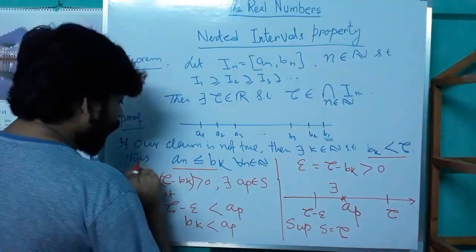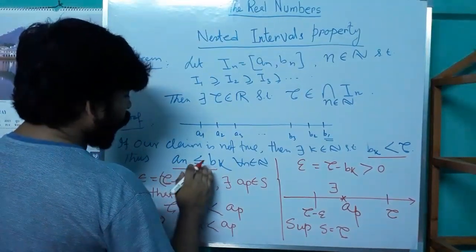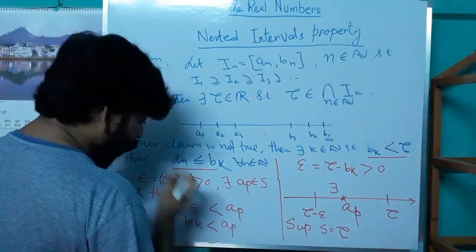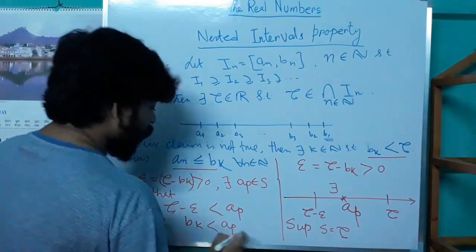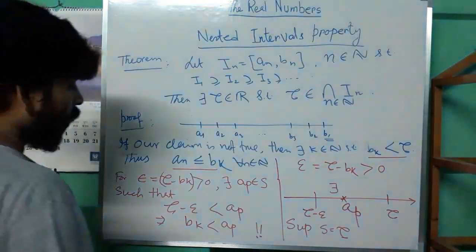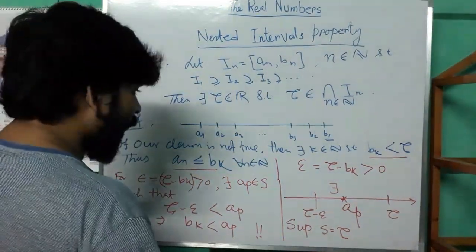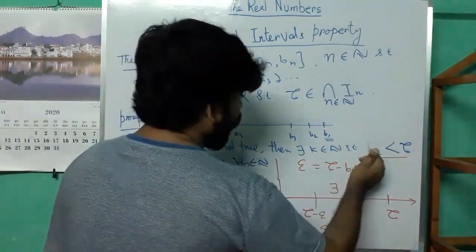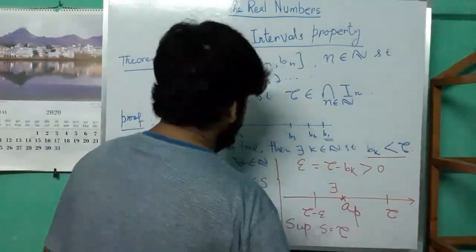So we have seen that all ANs are less or equal to Bk, but here we established that there is at least one AP which is bigger than Bk, so that is not possible, that is a contradiction. And that contradiction arises from our assumption that there exists at least one k such that corresponding Bk is strictly less than zeta.